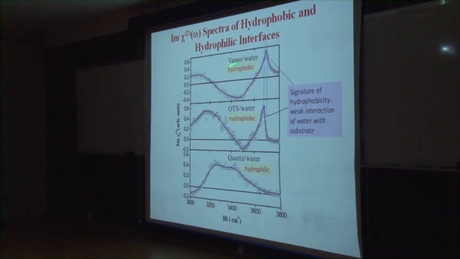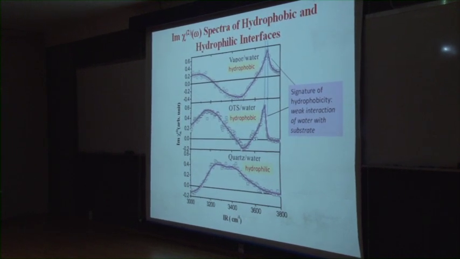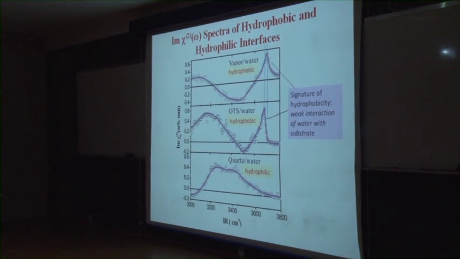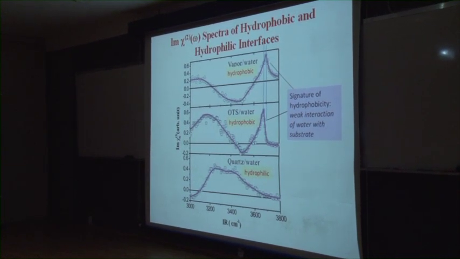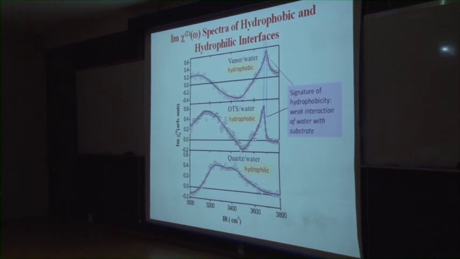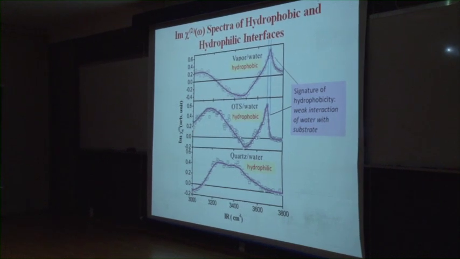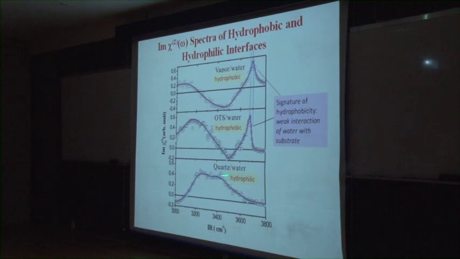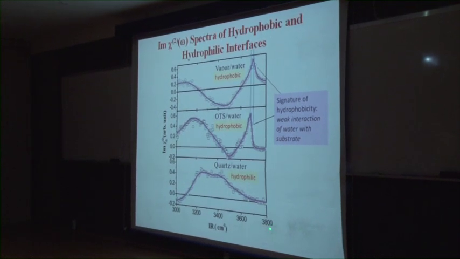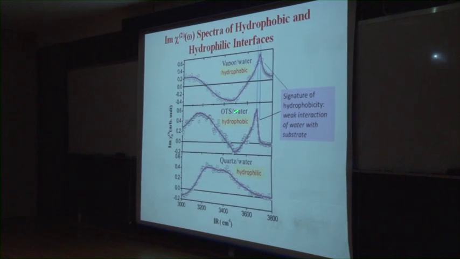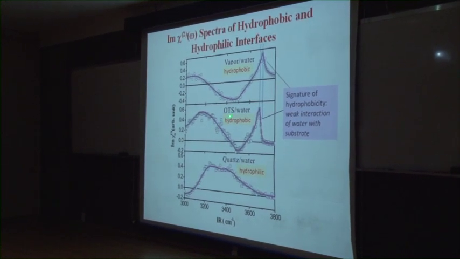If I have the vapor water, usually that's considered hydrophobic, because the OH dangling bond is sticking out, not interacting with anything above. On the other hand, if it's hydrophilic, then this OH bond is being grabbed by the other side. This, for example, is the quartz water, hydrophilic. On the other hand, this is hydrophobic with a solid on the other side. It could be hydrocarbon chains.